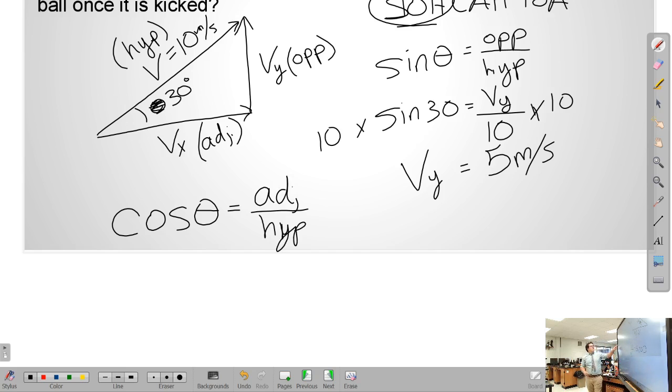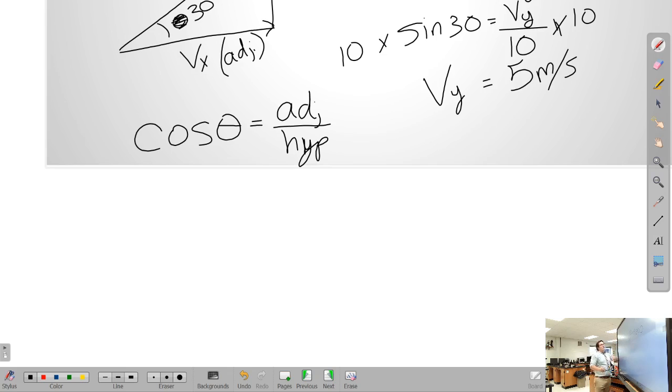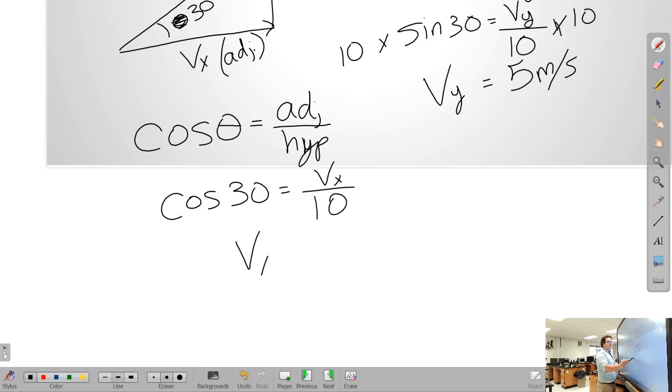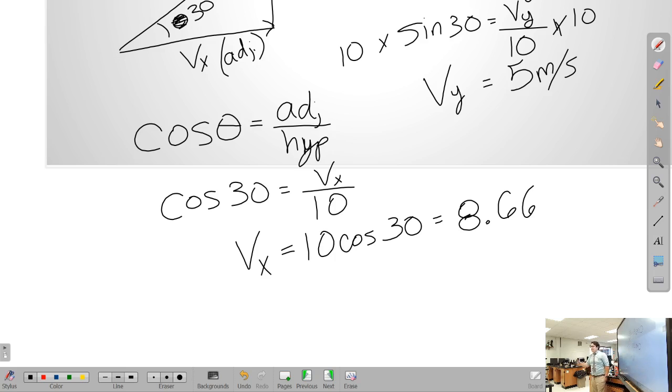Your adjacent is what you're solving for, your hypotenuse is 10. So we got cosine 30 equals Vx over 10 meters per second. Multiply both sides by 10. We get 10 cosine 30, which is going to be some ugly number. 8.66. That sounds great. And what's the unit? Meters per second.